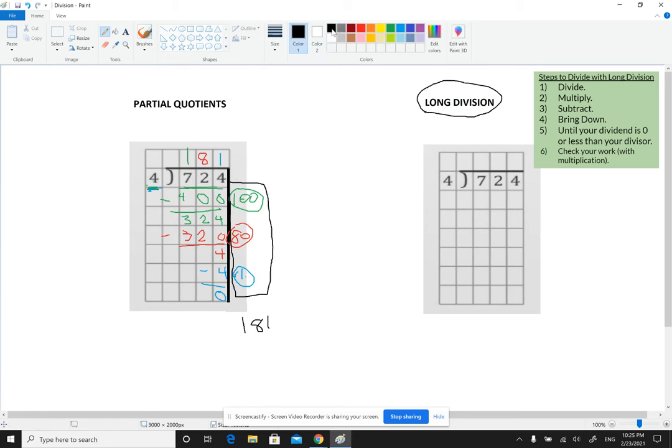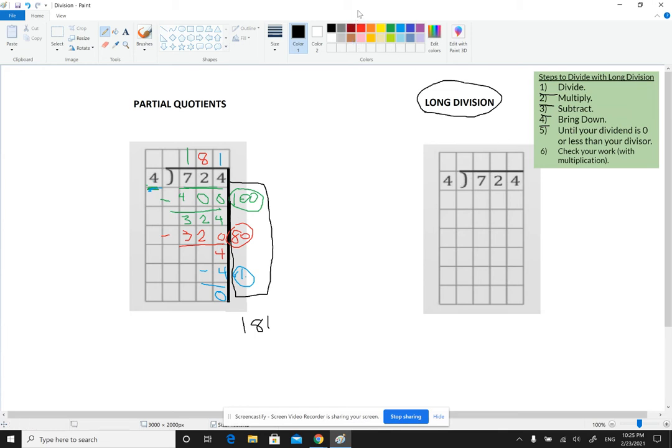Now I'm going to focus on an algorithm called long division. The algorithm calls for steps, right? Algorithm is just a fancy way of saying steps to follow to solve a mathematical problem. So my algorithm says I'm going to divide, multiply, subtract, and bring down.